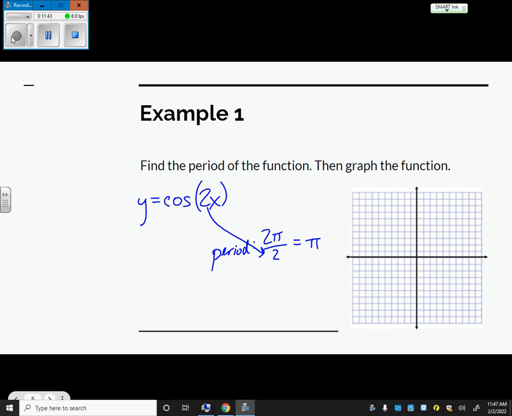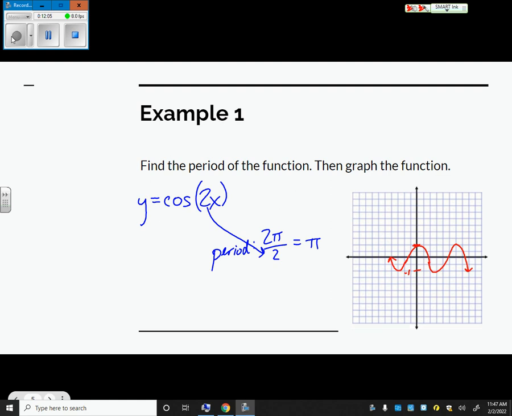Where was I? So remember, whenever I graphed cosine a while ago, I started up here on the hill, right? I had this little hill, and then it came down to -1. See how I'm not paying much attention to my x-axis right there? I'm just making sure I get cosine graphed.